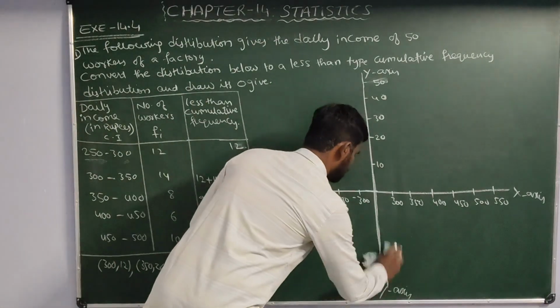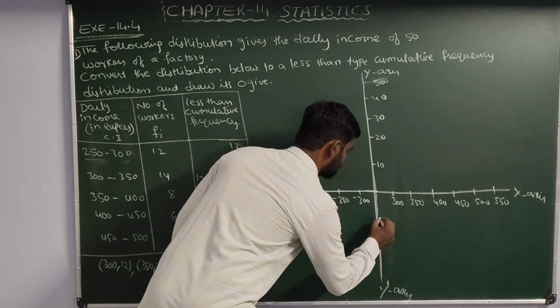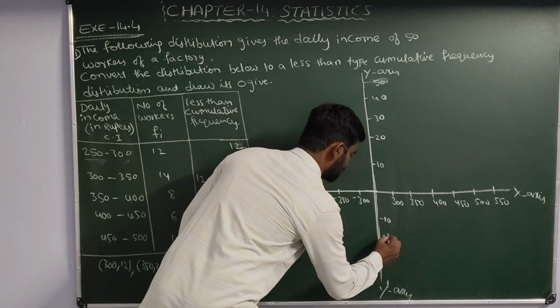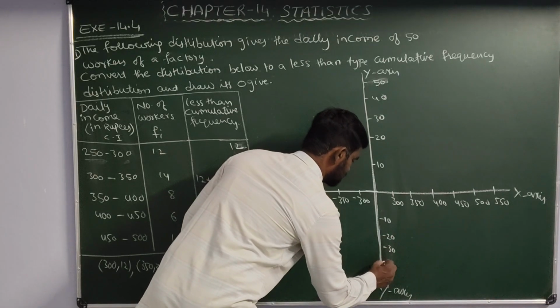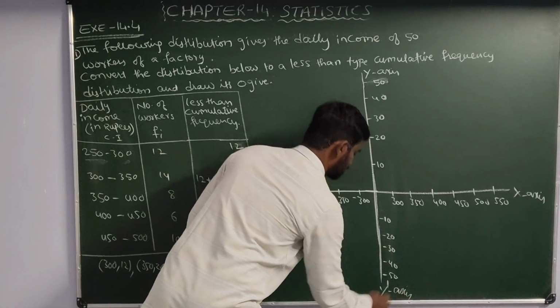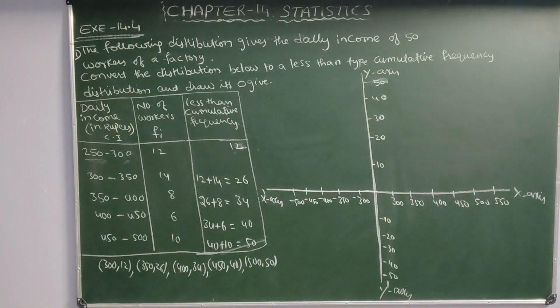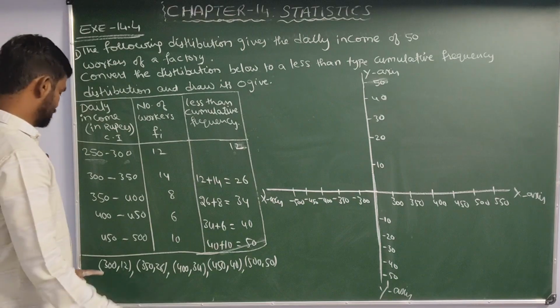Down also you write -10, -20, -30, -40, -50. Now let us plot these points on the graph.